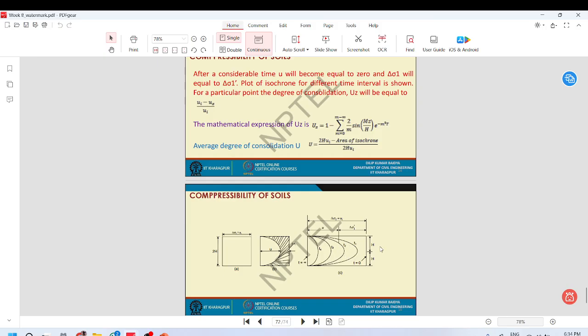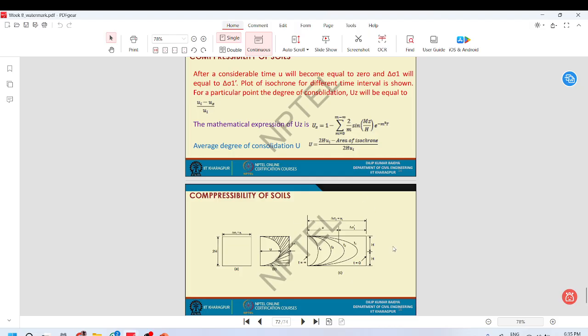So this is the excess pore water pressure. This is not the pore water pressure. This is the excess pore water pressure that at time equals 0 is delta sigma, or how much you have imposed, and with time it slowly dissipates.